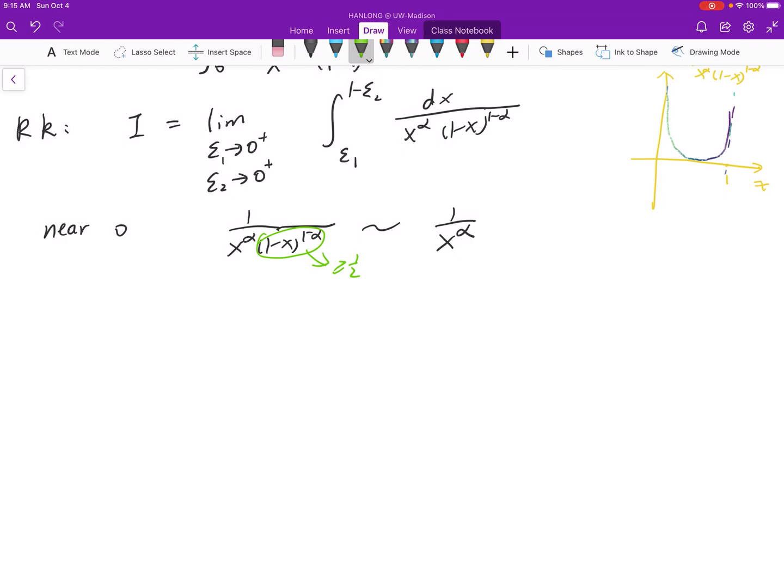Similarly near 1, the first factor is bounded below. Therefore, this is the same as 1 over (1 minus x) to the 1 minus alpha.